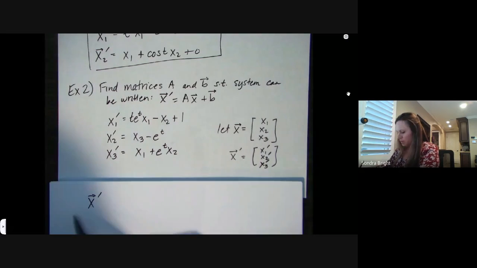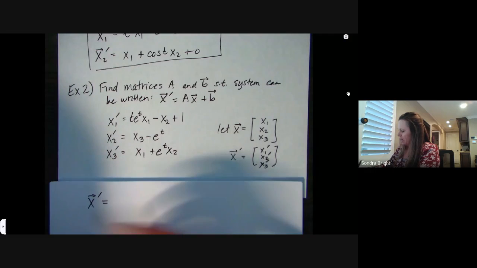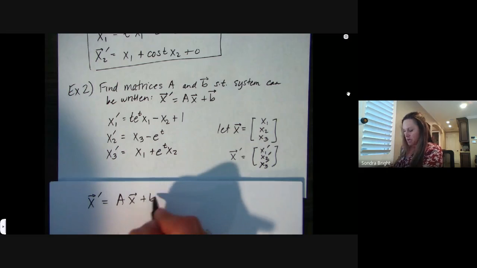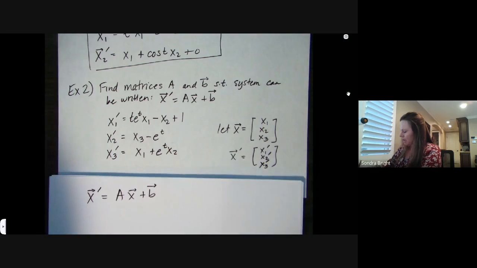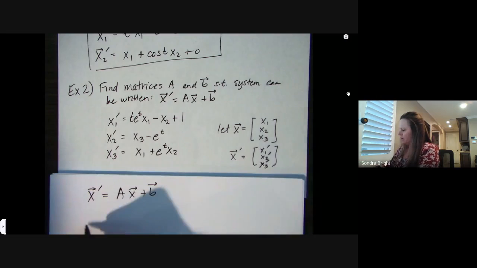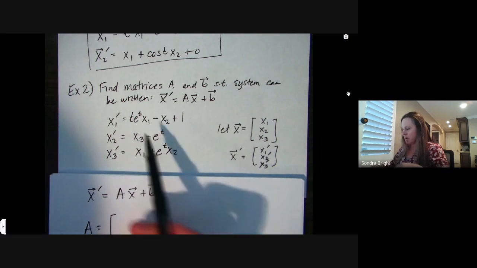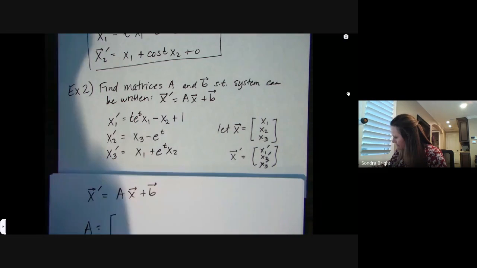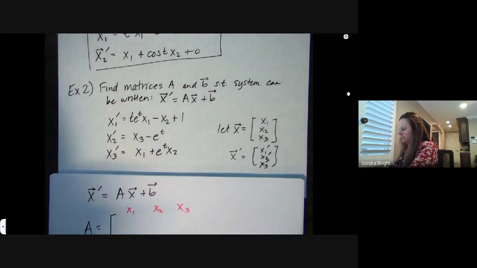Okay, so we want x prime is equal to Ax plus b, right? Your A is going to be whatever the coefficients are on x1, x2, and x3 from these equations.